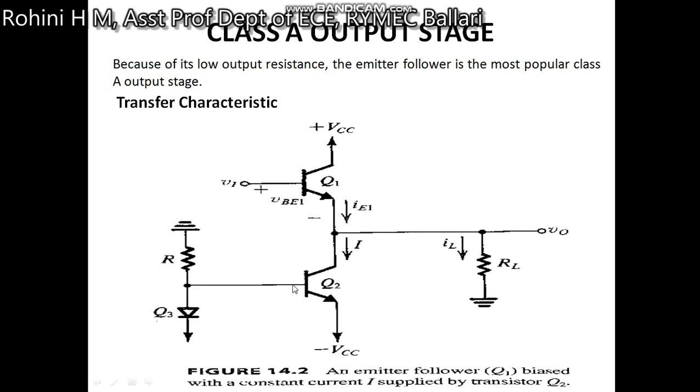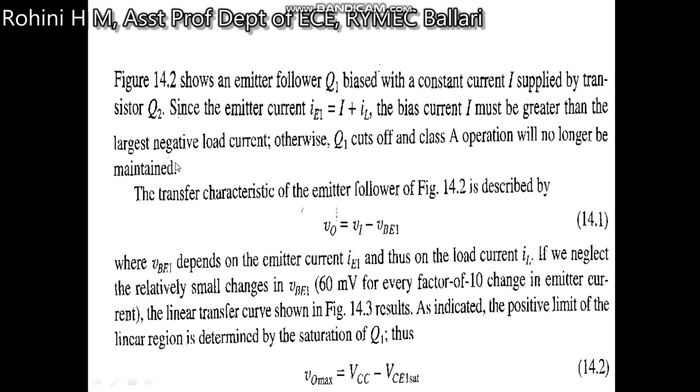So look at the circuit diagram here. The emitter follower Q1 is biased with a constant current I supplied by the transistor Q2, since the emitter current IE1 is equal to I plus IL.